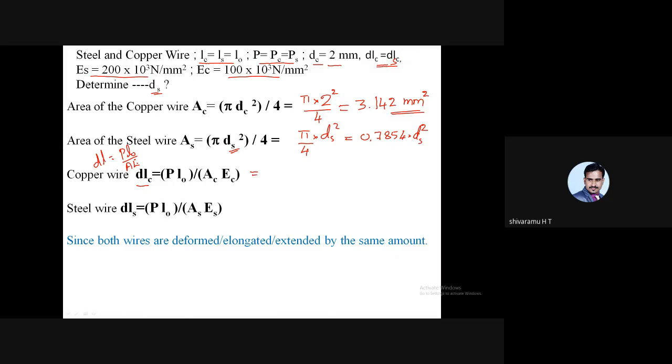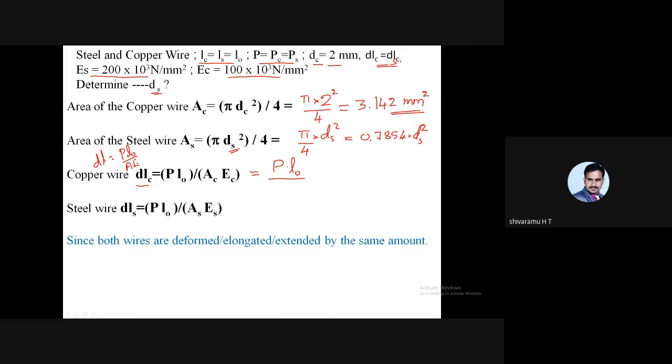So you can substitute. P is the same, but the value is not specified, but it is stated that whatever the load acting is the same on both the wires. And even the L naught also is not given. The original length of the wire is not specified, but it is stated that the length of both the wires is equal.